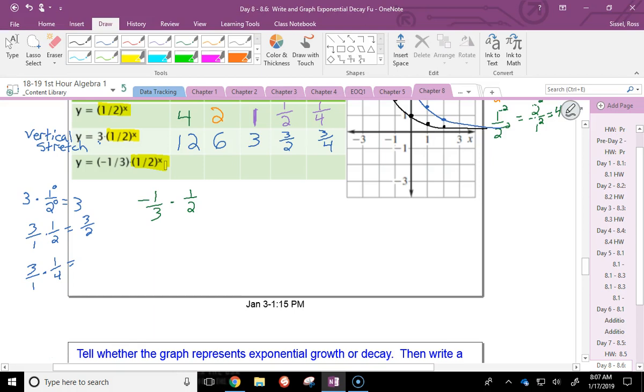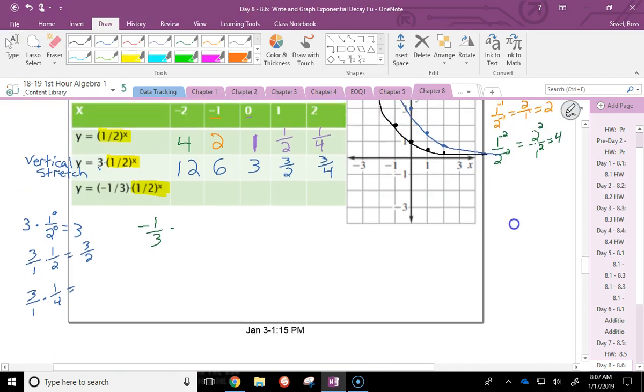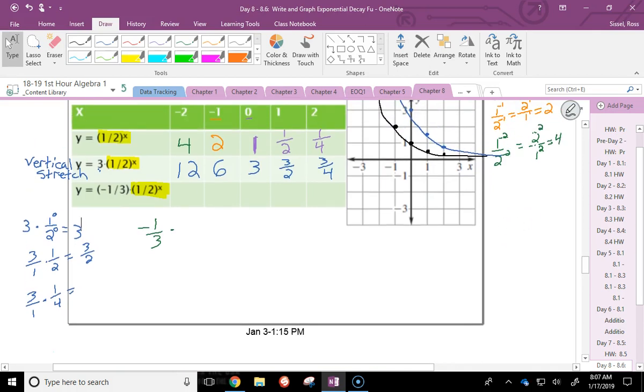Because of that, I don't have to redo all my work. It's actually silly to. So, when I said 1/2 to the 0 was 1, I'm going to do negative 1/3 times 1.